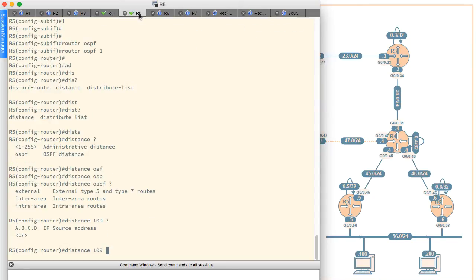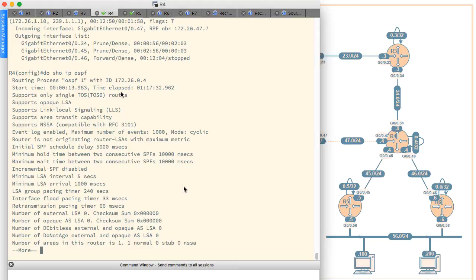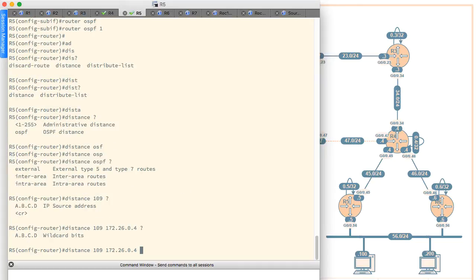109. And the source IP address here should be the next hop router, I believe, or the router ID of R4. So that would be 172.26.0.4. It's using the loopback. And then the wildcard bits. How about 0.0.0.0?